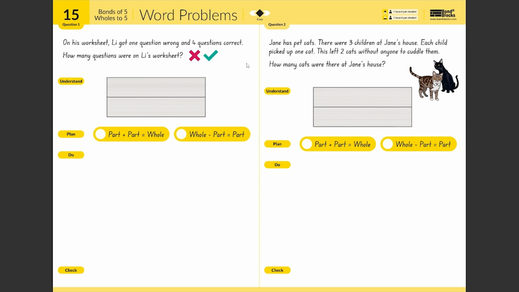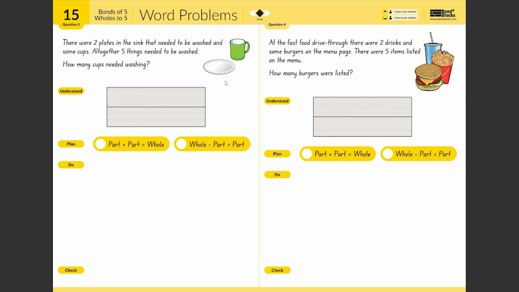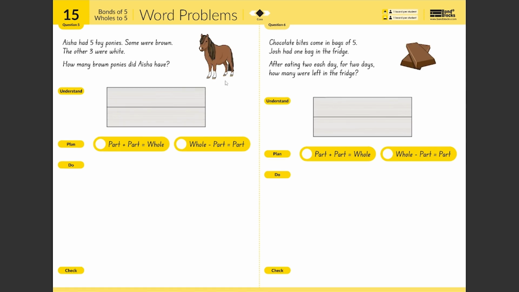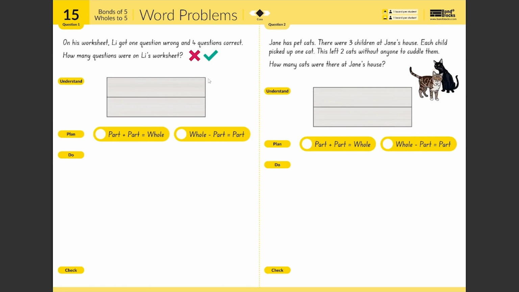Questions 1, 2, 3, 4, 5, and 6 are all part whole diagrams. The diagram would tell us whether we need to use addition or subtraction.